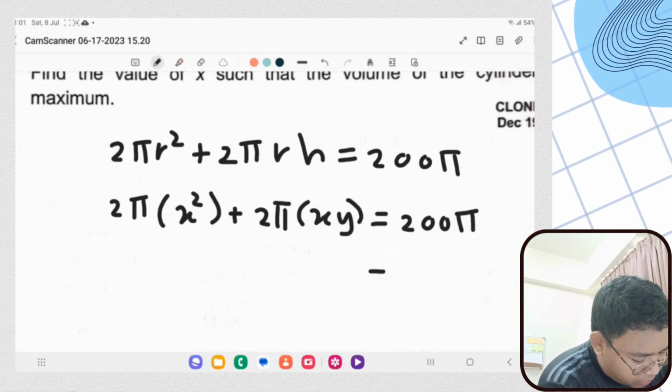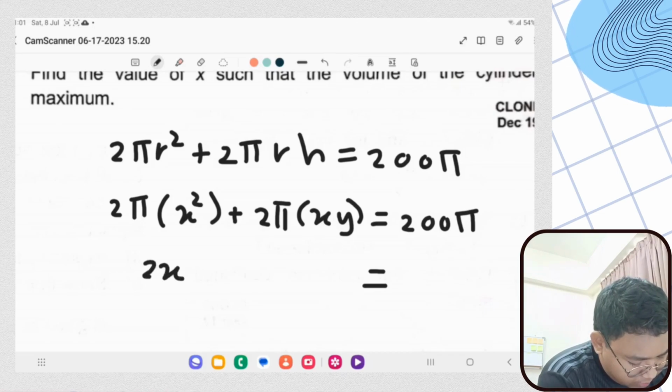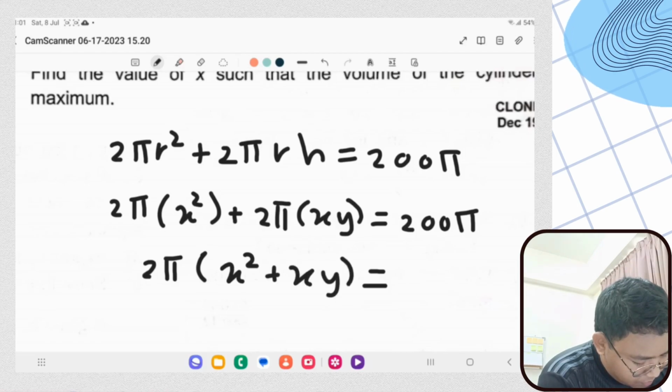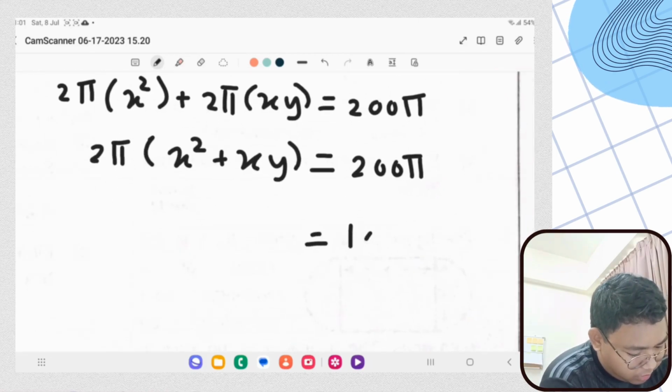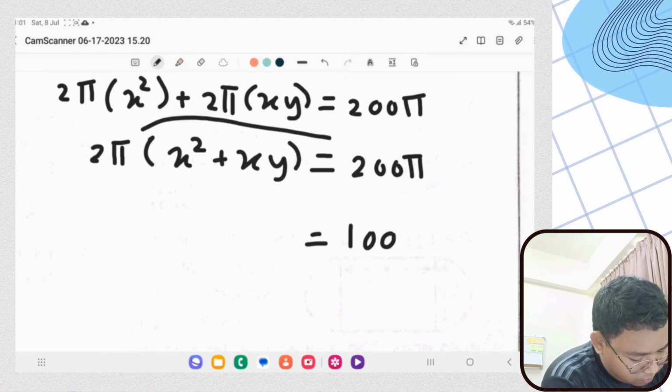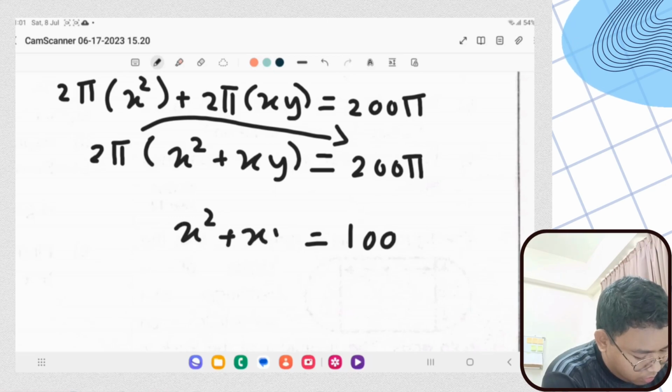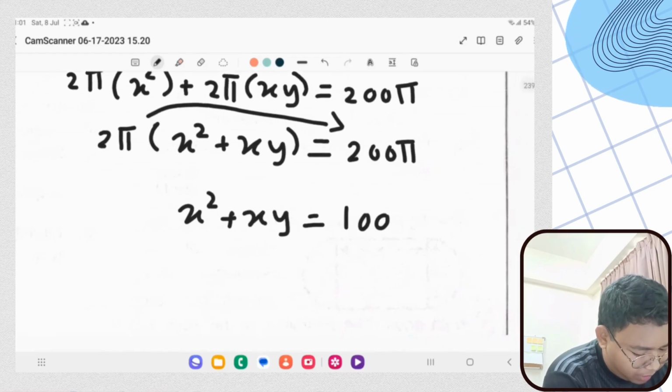equal to 200 pi. Then factorize 2 pi in front and it will be x squared plus xy, and bring the 2 pi to the right side and it will be 100, because of 200 pi over 2 pi.